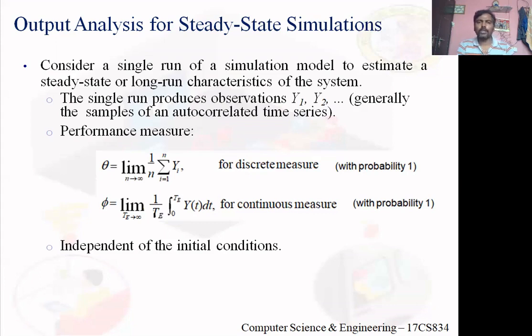How to compute? We need to know the cycle time for all the parts, sum it, and divide by n. But here I said it's a steady state simulation, which means I'm running the simulation for an infinitely large time. So I'm observing the cycle time for almost an infinite number of parts. So here we use n tends to infinity.